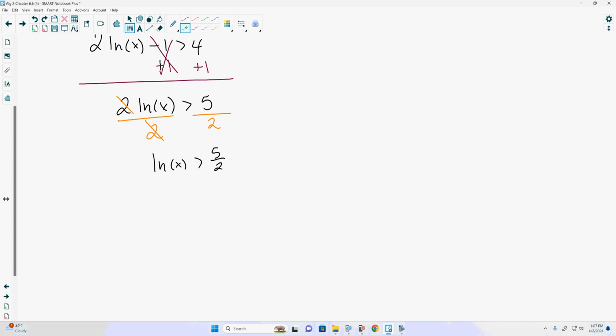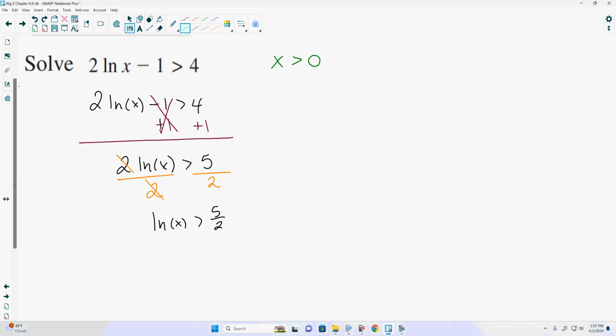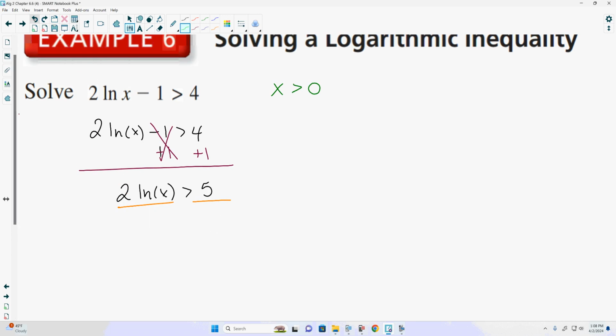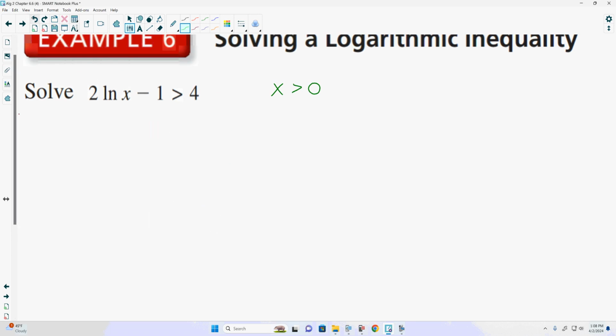Lastly, we would... what part? Dividing by 2? We want to get... Oh, it's natural log by itself.